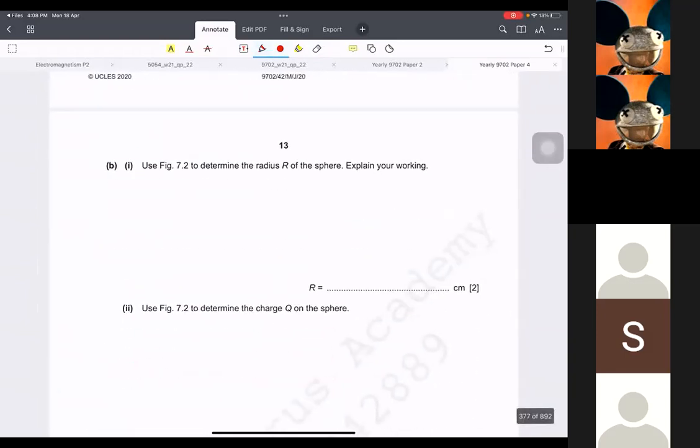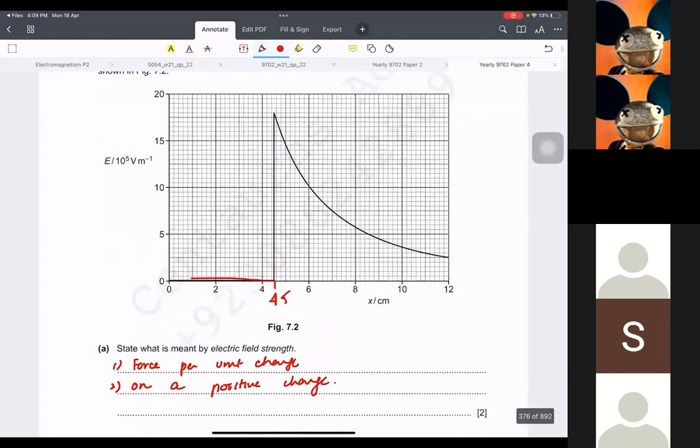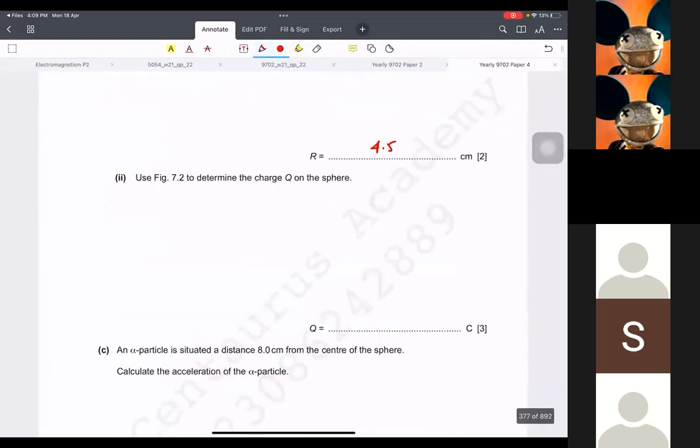To explain the working, you should have the line drawn, okay? You could also say that this is 0. Electric field strength is always 0 inside. You can also write it.